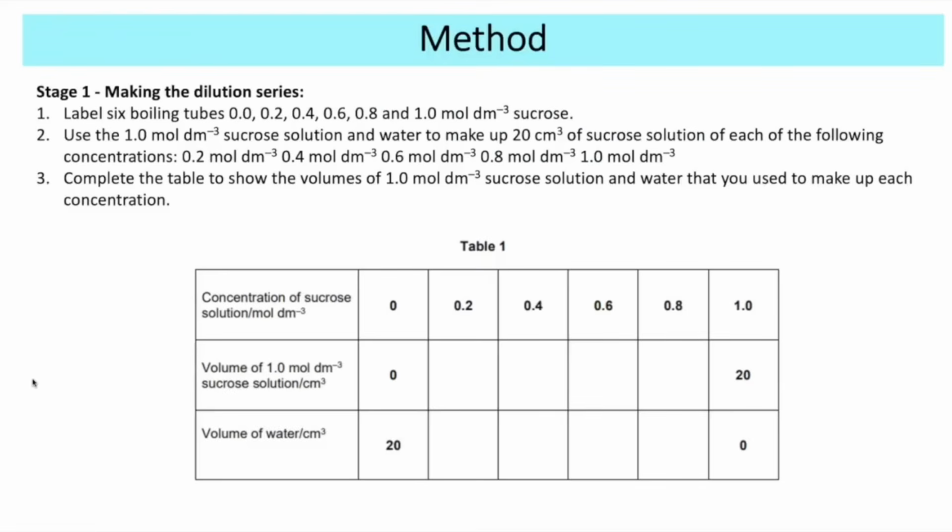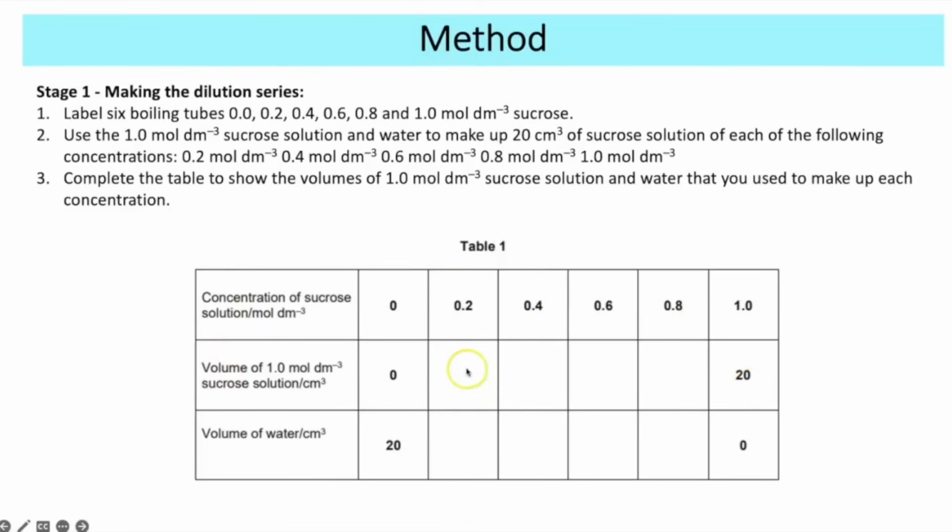So this method comes in a couple of stages. The first one is we have to make the dilution series of the different concentrations of sucrose we're going to submerge different pieces of potato into, and that is going to be giving us those different water potentials. So step 1 is often working out what different concentrations you are going to be using.